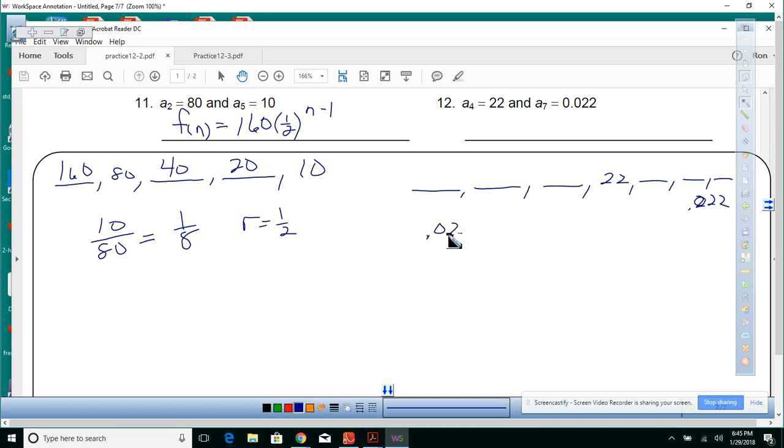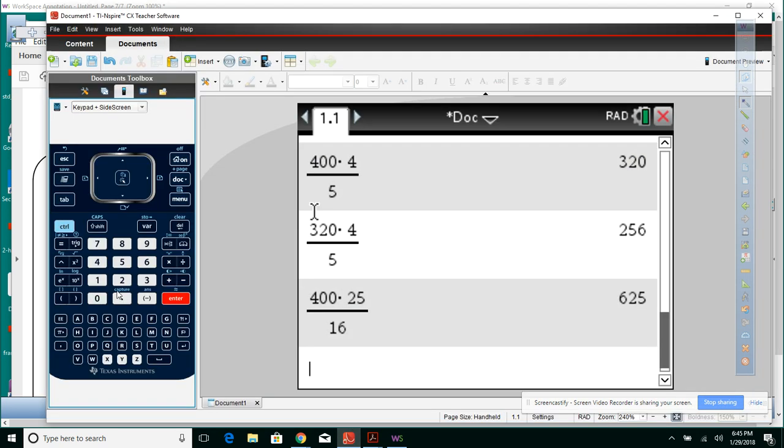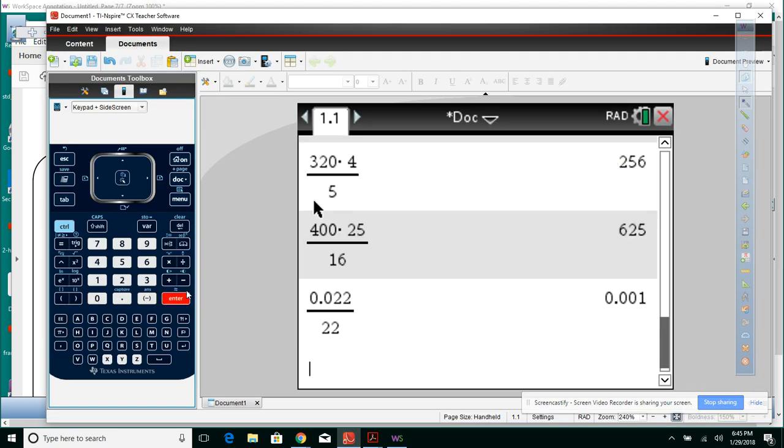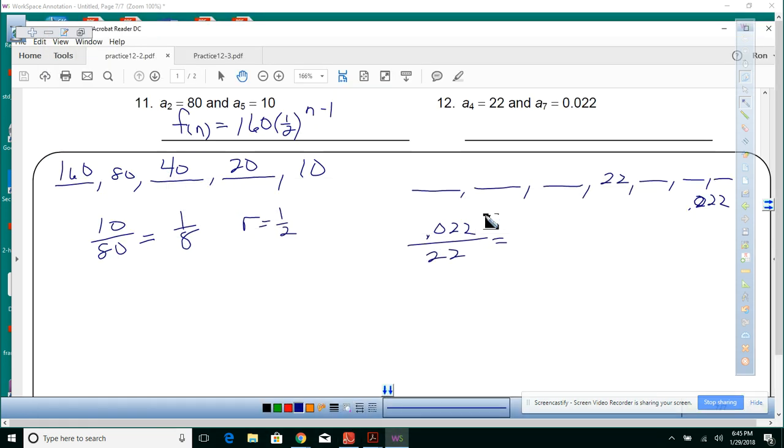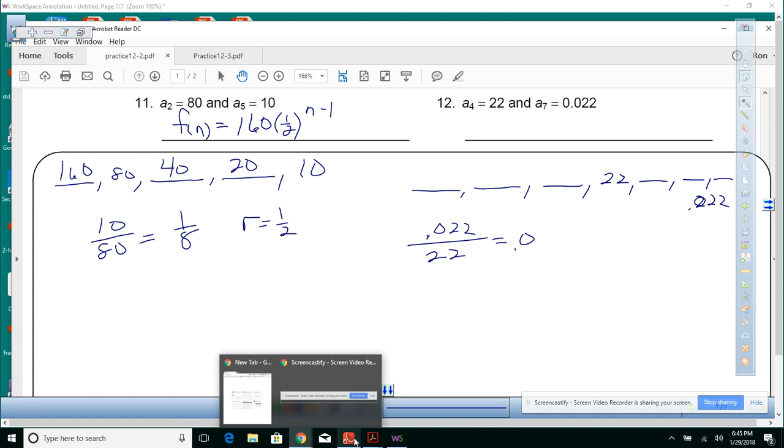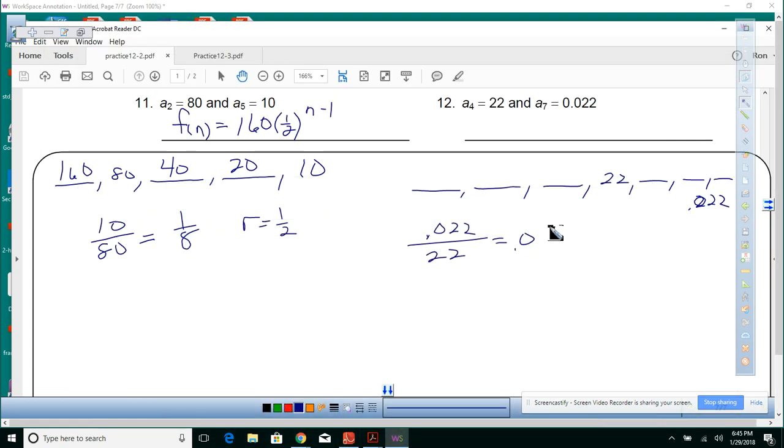We got 0.022 divided by 22, and that's like 1/100th or something. 0.022 divided by 22. Is that 0.001? Okay, and that's a 1, 2, 3, 4. 1, 2, 3.